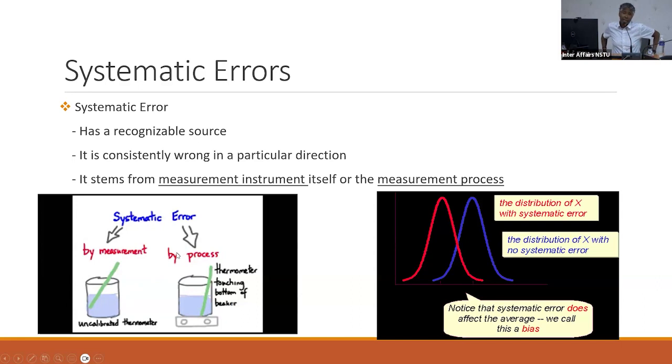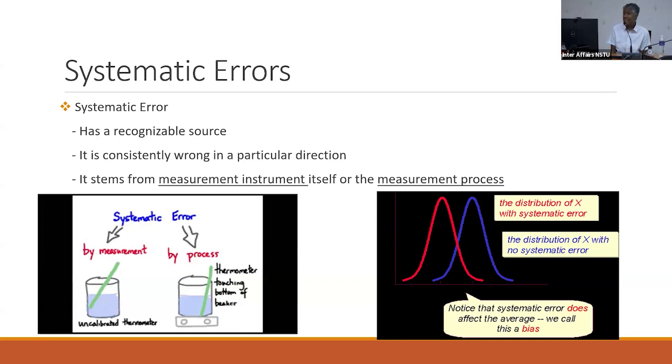So let's talk about that first in terms of the use of a thermometer to measure the temperature of water in a container. A source of systematic measurement error would be using a thermometer that is inaccurate, that is off by 2 or 3 degrees Celsius. That would be a source of systematic error.